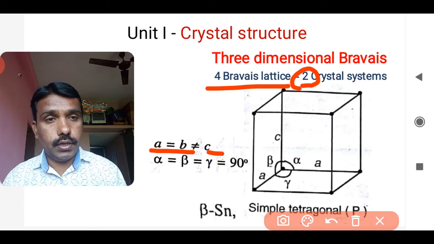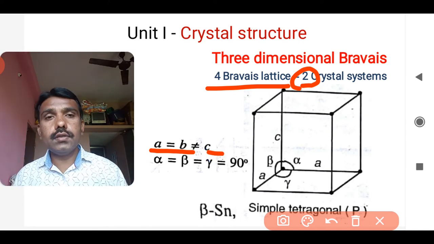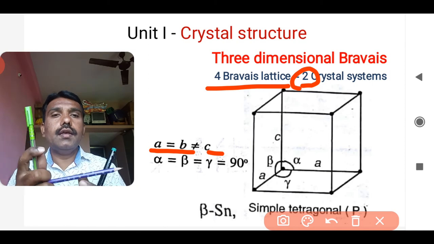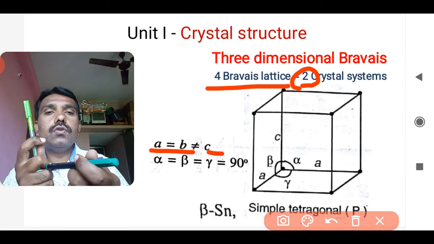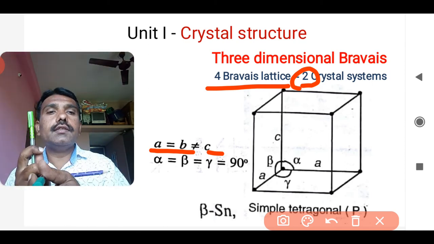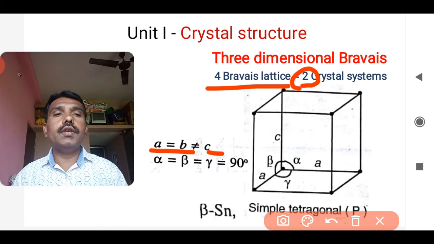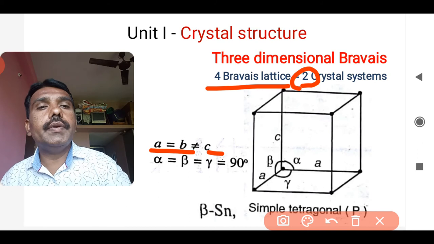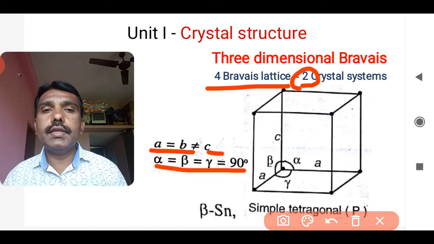That means the two vectors a and b are equal, but c is not equal, it is of different length, and that's why a is equal to b but not equal to c. But again alpha, beta, gamma all have the angle of 90 degrees.